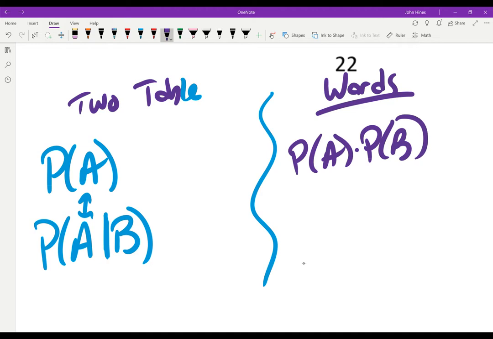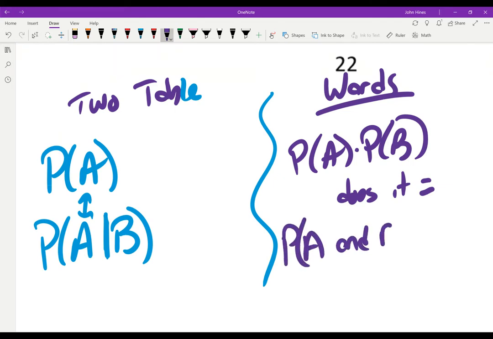Multiply A times B. Does it equal the probability of A and B? That's the other way. So you want these always to be equal. A given B, or the product of them should equal the middle. That's how we can test for independence.